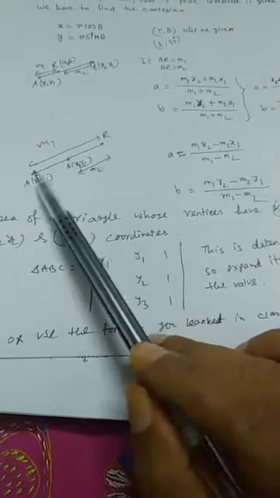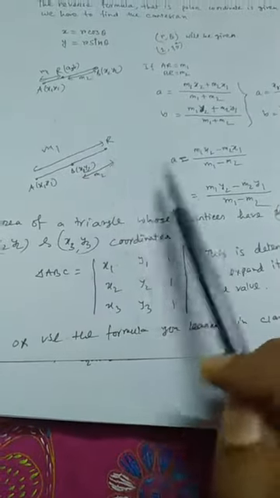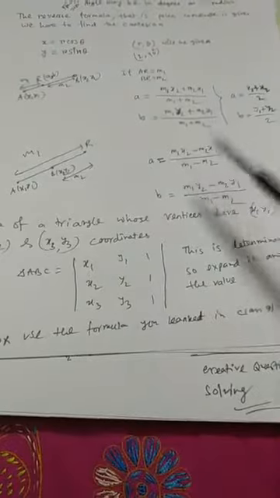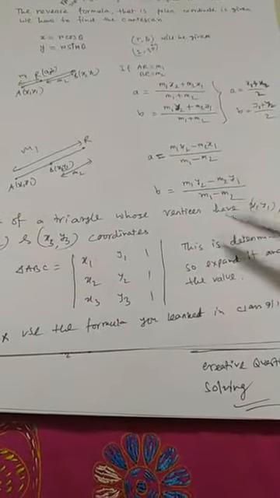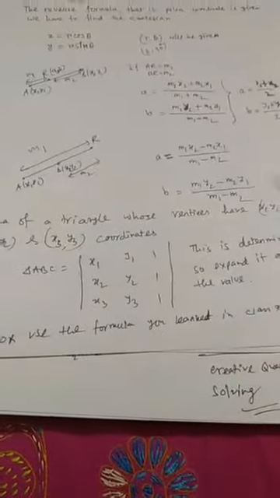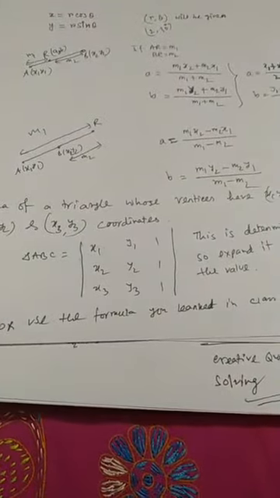Similarly, you assume that the distance AR is m1 and distance BR is m2. In that case, the formula will be similar to this one, but a minus sign will be used here. So remember these two formulas. These are very important formulas. In straight line problems, these will be used.